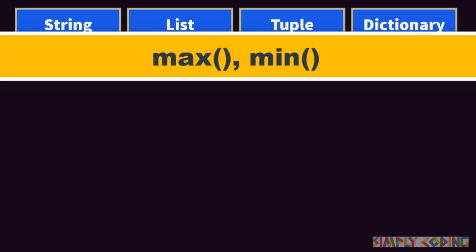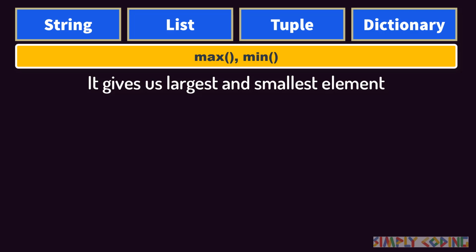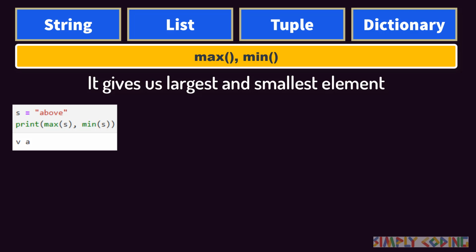Next, we will see max and min functions. As the name suggests, they give us the largest and smallest element. If we use max and min function on string, it does ASCII value comparison and gives the character which has the max ASCII value or min ASCII value.